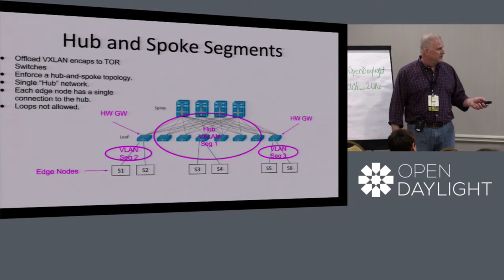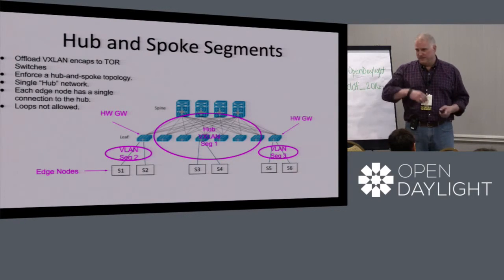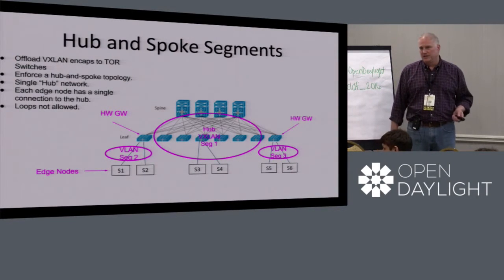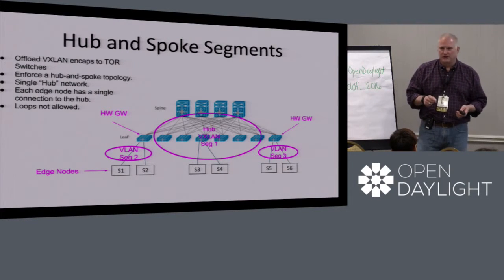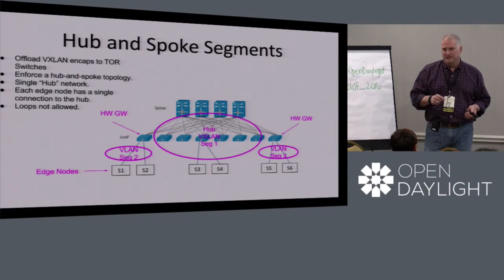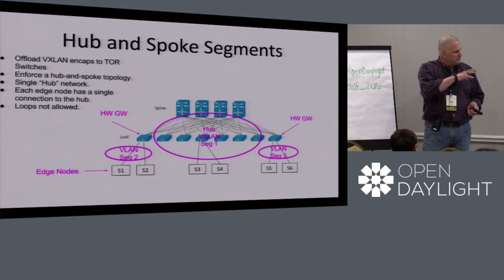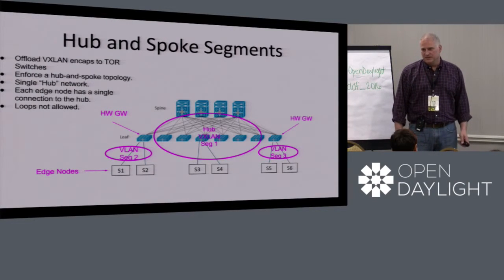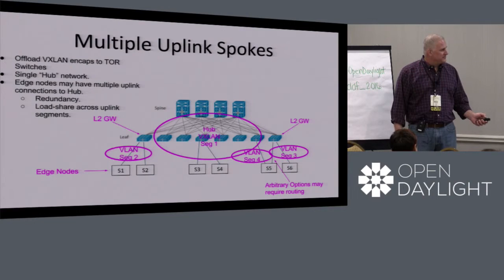So it would put it on a tunnel that would get it over here, and then this device would need to know what VLAN to map it to and send it out. All that's doable with our current OpenFlow and schemas, but we just don't have the control protocols currently in OpenDaylight to do that. So this is another use case that we want to make sure we cover in this model.